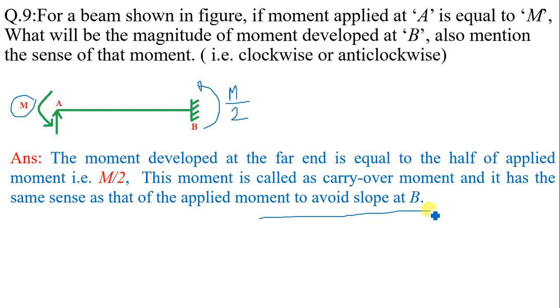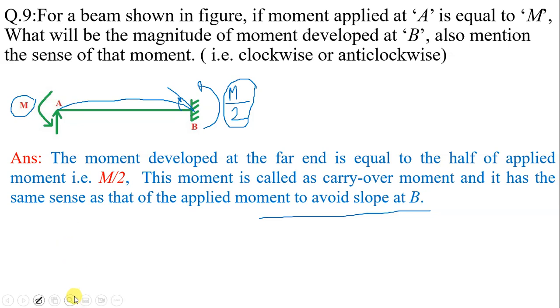In moment distribution, this is called carryover moment, and it will have the same sense as that of the applied moment, again to avoid slope at B, because due to this anti-clockwise moment, the possible rotation of B will be in clockwise direction. Possible rotation I am talking about. And to suppress this rotation, the resisting moment must be in anti-clockwise direction.